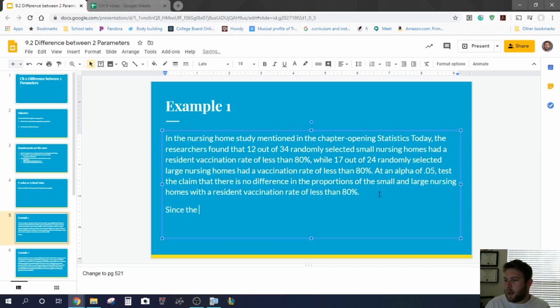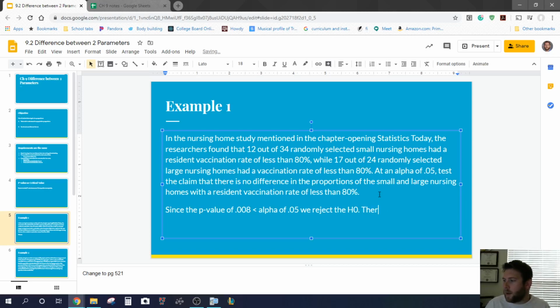Since the p-value of 0.008 is less than an alpha of 0.05, we reject the null hypothesis.